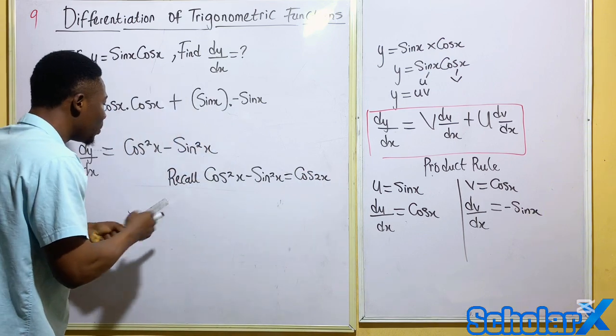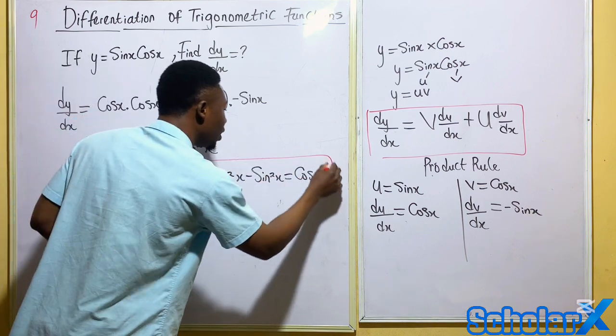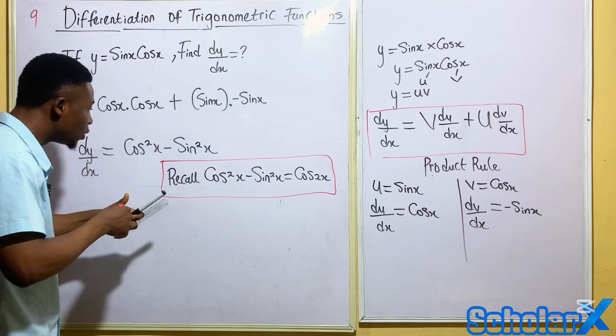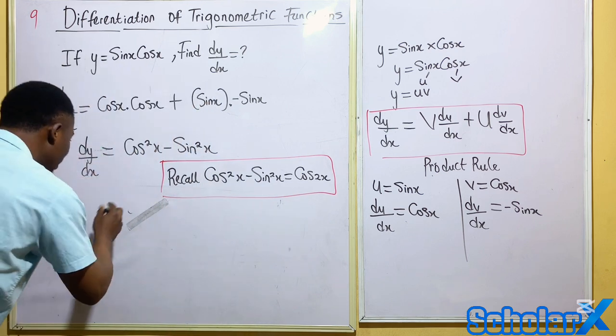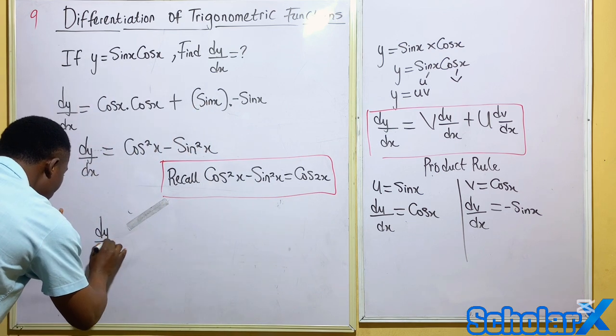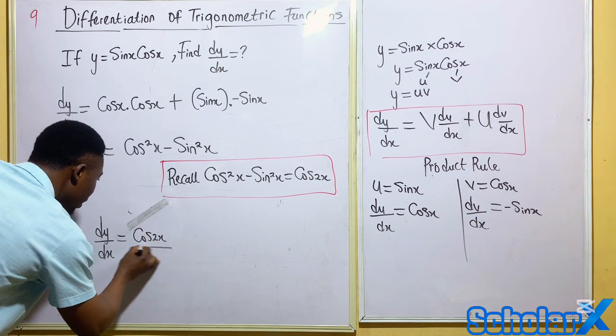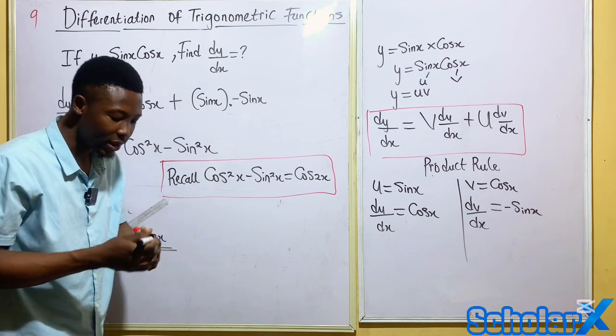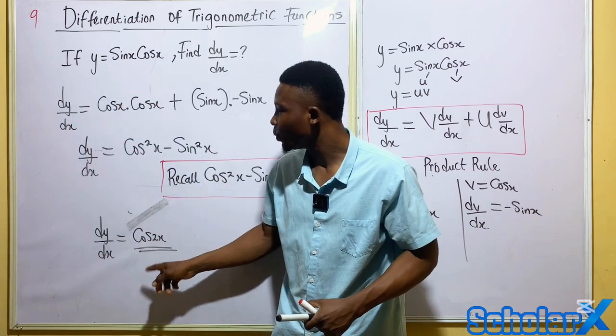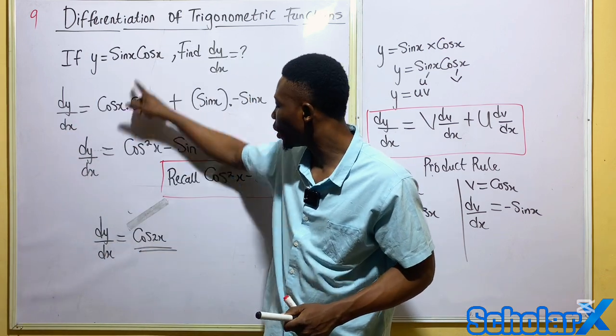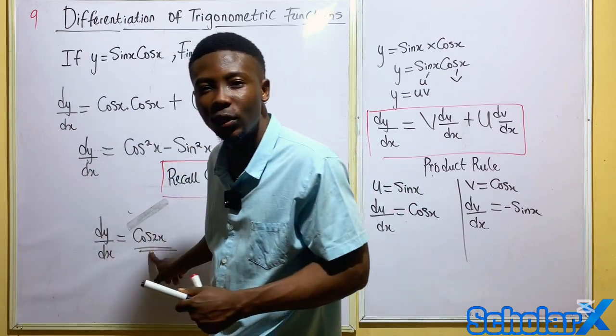You have to remember this is a trigonometric identity. So it means that our dy/dx is equal to cos 2x. And this is our answer. So when you differentiate this function, you are going to have cos 2x.